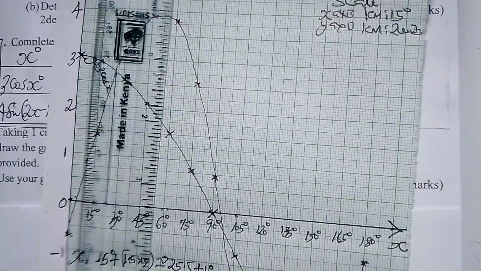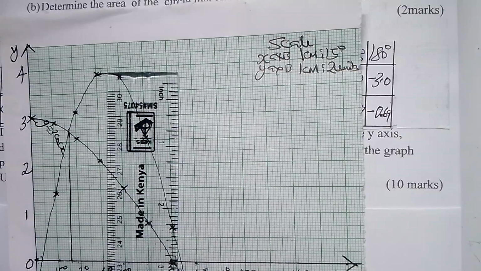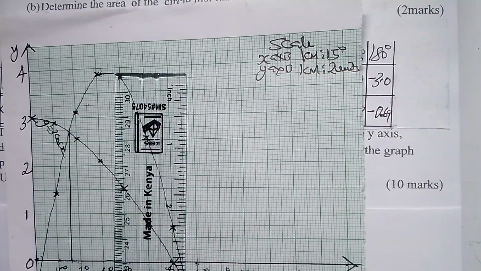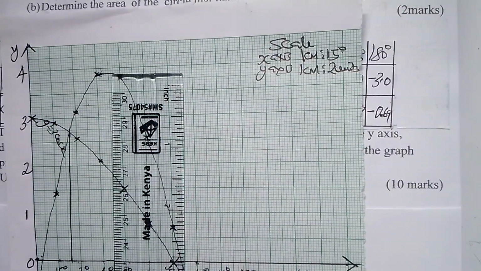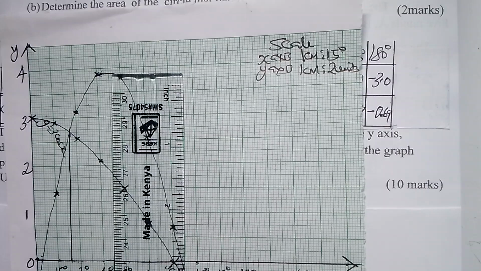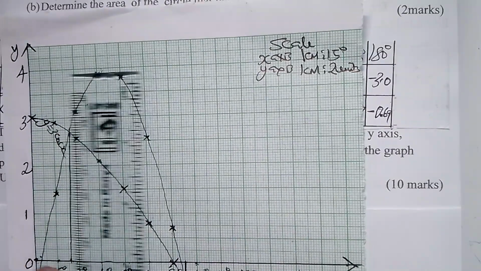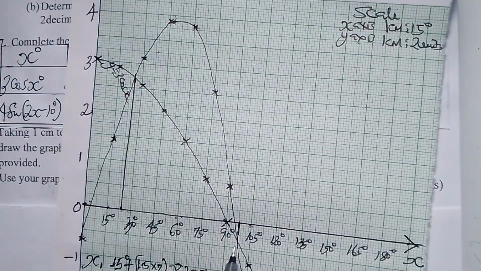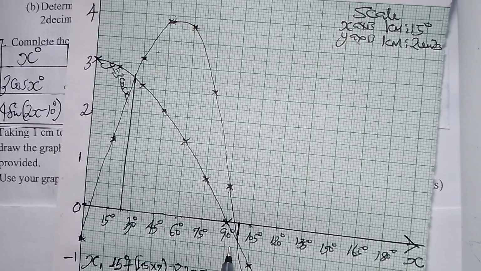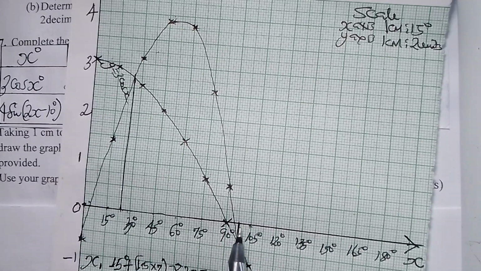For the other part, we come back here where the two graphs are intersecting. We erect a perpendicular onto the x-axis, and the value is between 90 and 105. So that value here is 5 small squares.